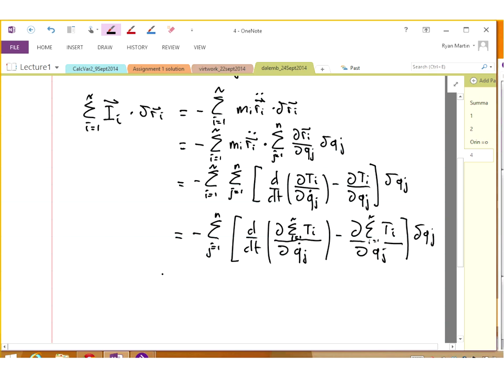Now let me introduce T to be the sum from i equals 1 to N of the Ti. So we can call that the total kinetic energy of the system.